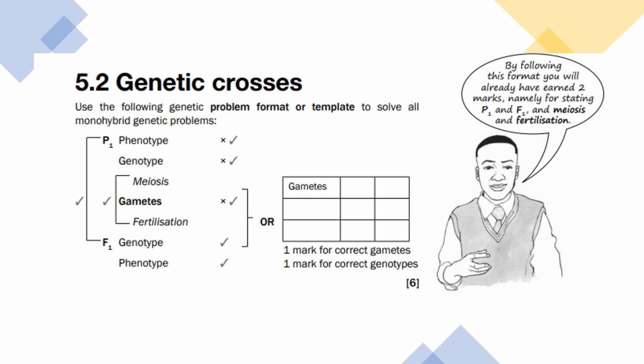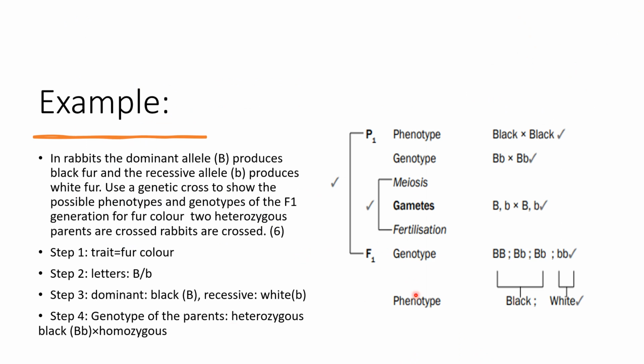Fine. So let's just look at an example. In this example, they are saying that in rabbits, the dominant allele, capital B, produces black fur, and the recessive allele produces white fur.